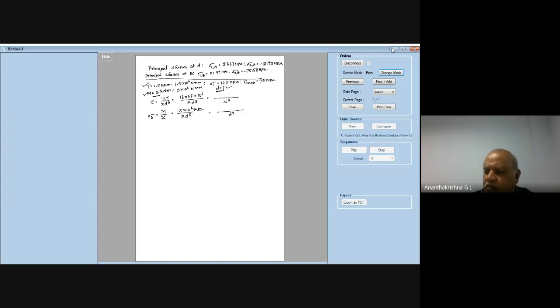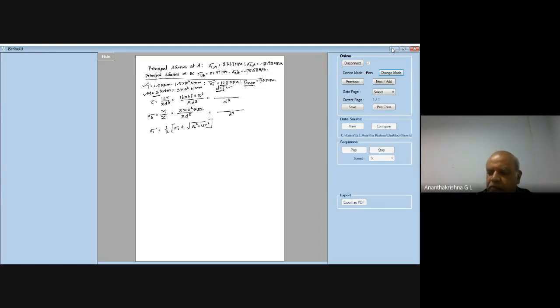Now we are given the maximum principal stress as 120 megapascal and maximum shear stress as 75 megapascal. We will go to the equation sigma 1 is equal to half of sigma plus root of sigma square plus 4 tau square, where sigma is sigma b.